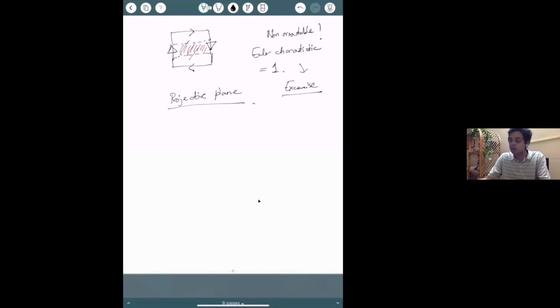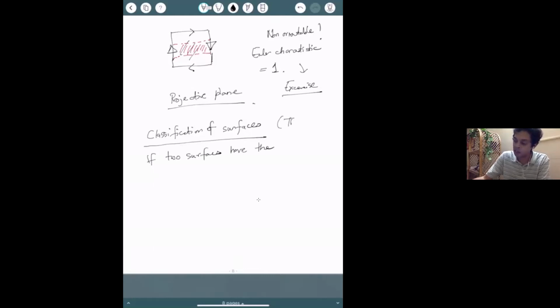So let me just mention something called the classification of surfaces. All surfaces, up to topological equivalence, are characterized by whether they are orientable or not and what their Euler number is.